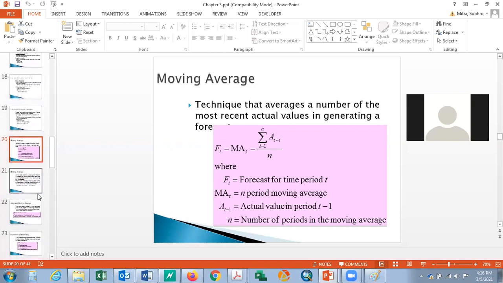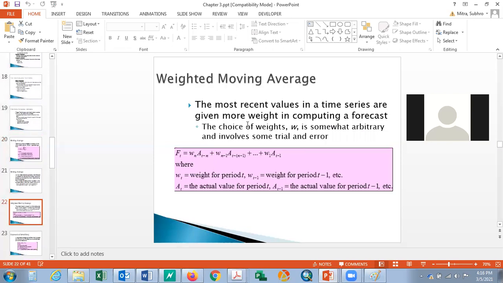Next, we have the weighted average. In the weighted average, the concept is you give some weightage to the actual values, and you give more weightage to the current record. So if you want to do the forecasting for Saturday, with a 3-period average you'll have the data for Wednesday, Thursday, and Friday, and you will give more weightage to Friday, less weightage to Thursday, and the least weightage to Wednesday.